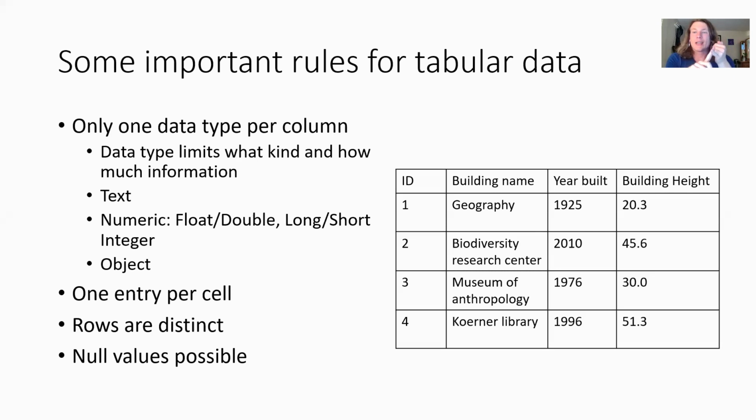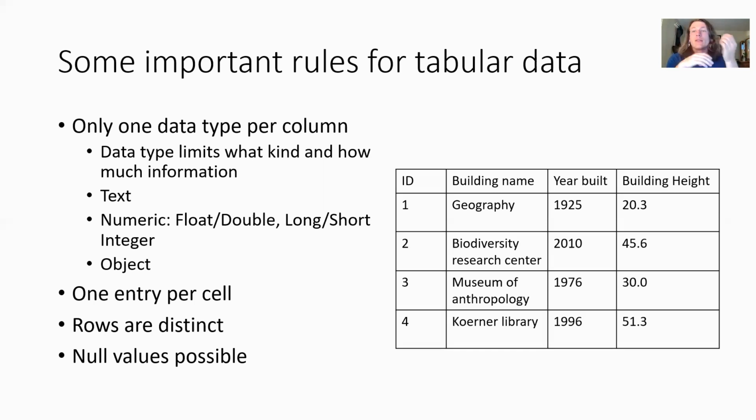There's also only one entry per cell, so you have one row that is associated with one object, and for each column, the row can only have one entity. Again, the rows are distinct, so we can't have a repeated row. We can't have 2 ID number 2s because they would link to the same shape within the spatial data, and that also wouldn't work.